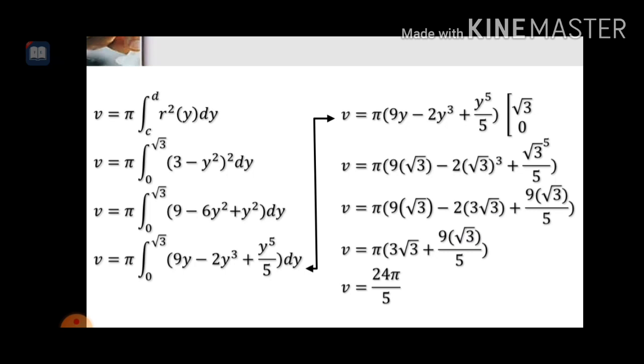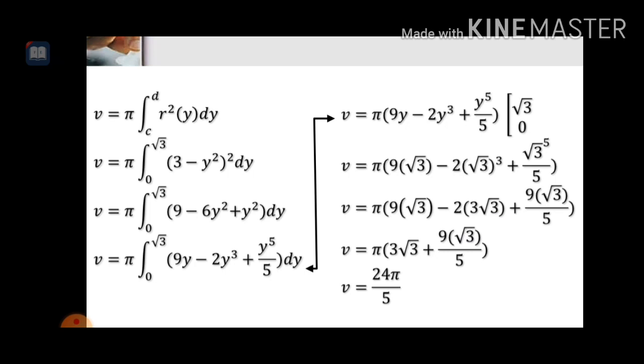V is equal to pi times 9 times square root of 3 minus 2 times square root of 3 to the power of 3 plus square root of 3 to the power of 5 over 5.